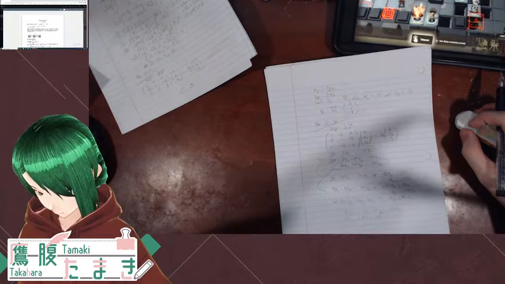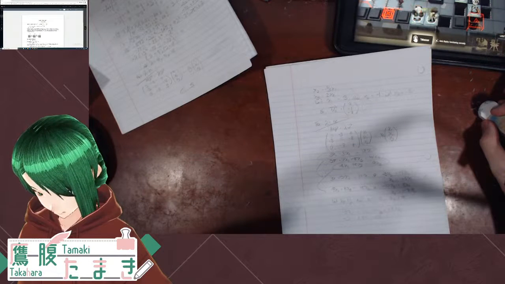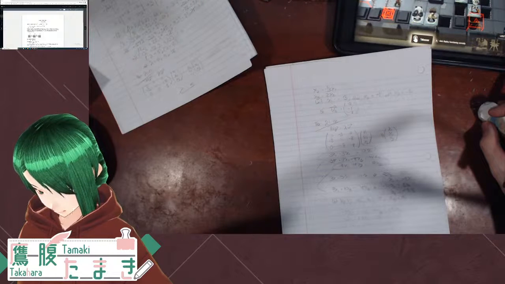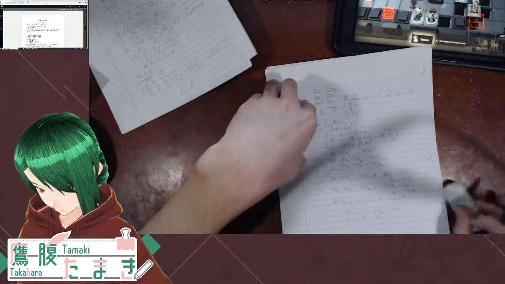So, x1 equals 1, so that should be negative 3, that's fine. x2 then ends up being negative 5, which will generate a negative 55 there. Negative 55 rather.